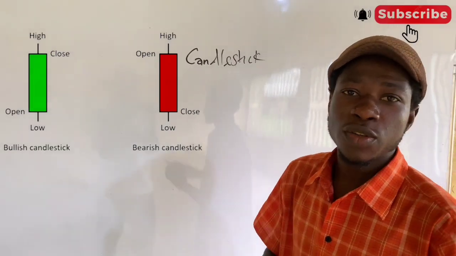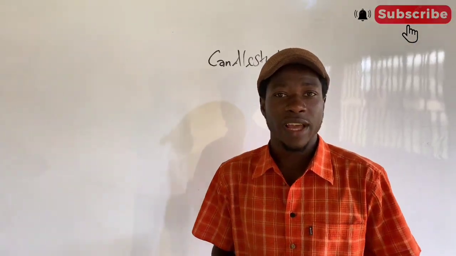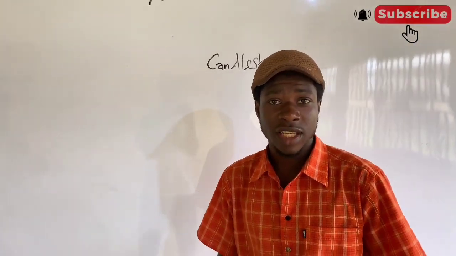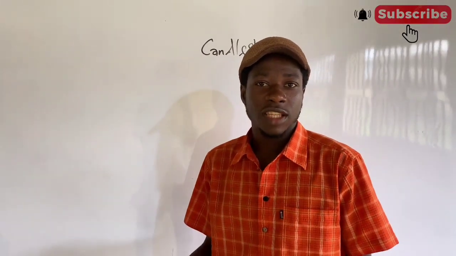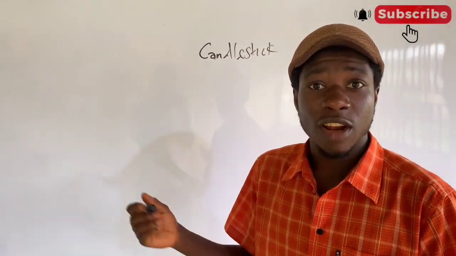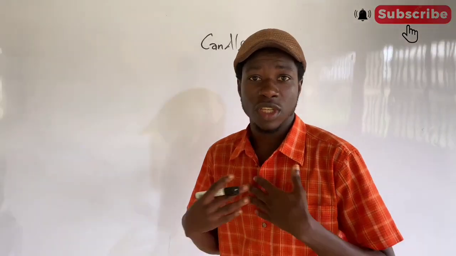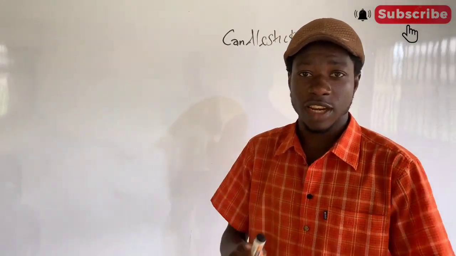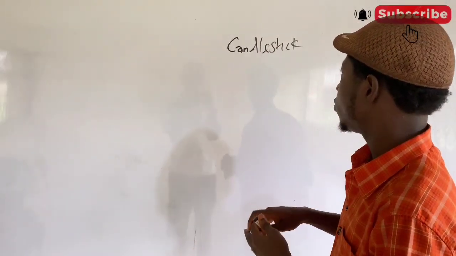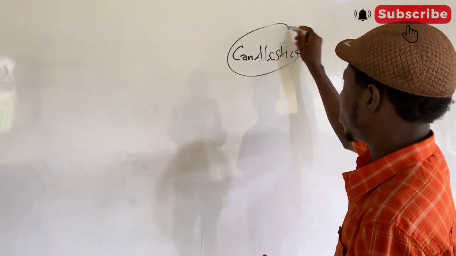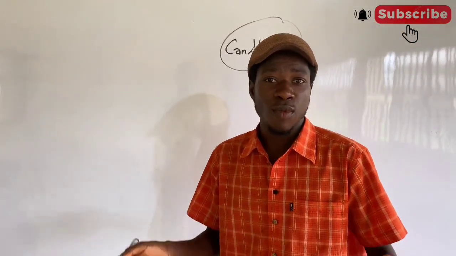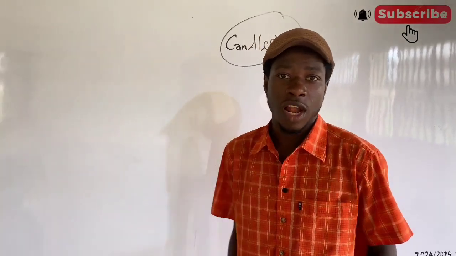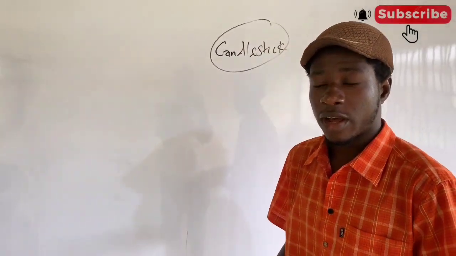Now, what candlesticks are, they are more like a chart price that we use to analyze market data, right? There are a lot of price charts, like line charts and bar charts, but I use candlesticks, because reading the anatomy of the candles is easier compared to line charts and bar charts.